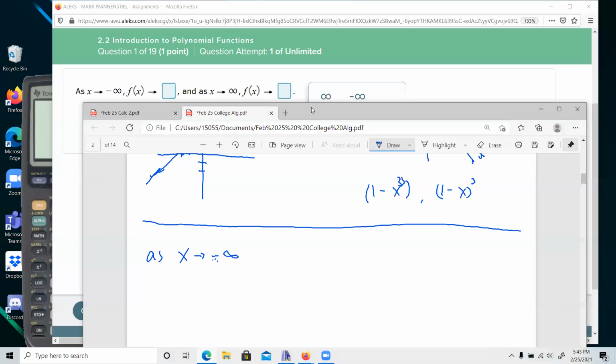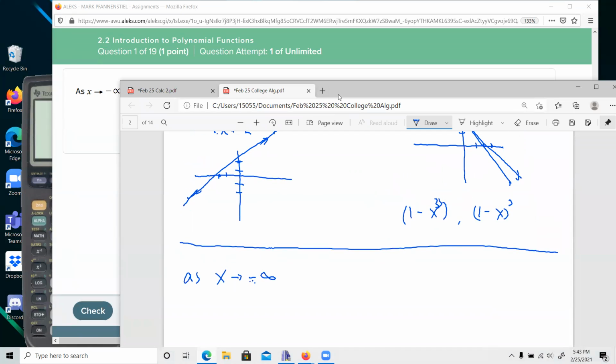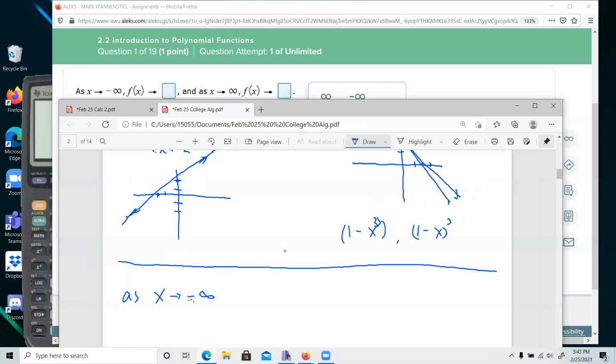X is going to go to negative infinity. You're going to be in debt up to your ears, where even your great-grandchildren will not pay that off. Then they're asking what f of x is going to.